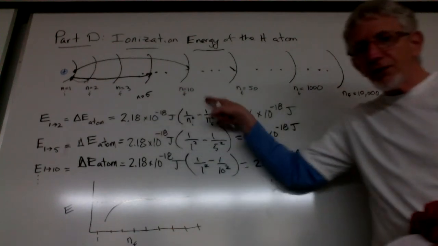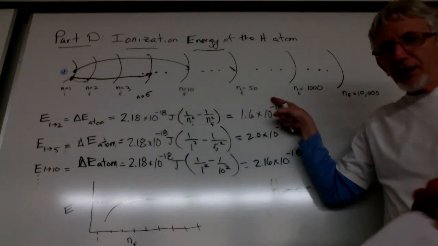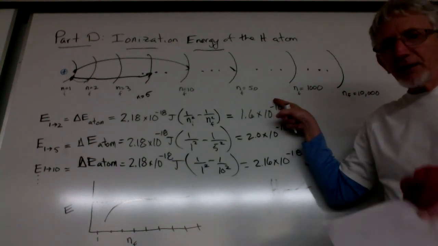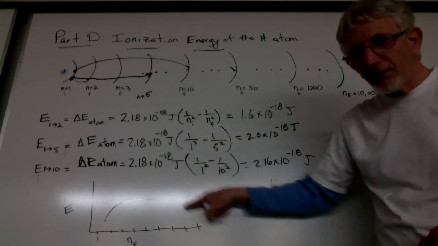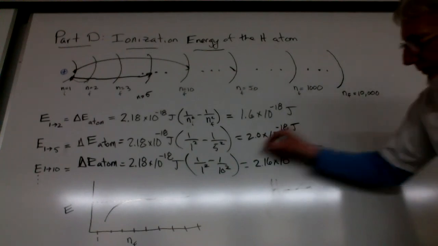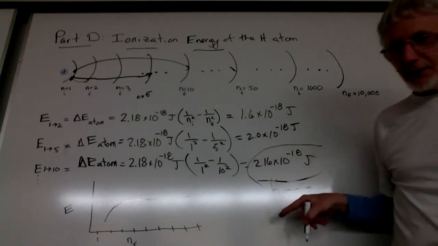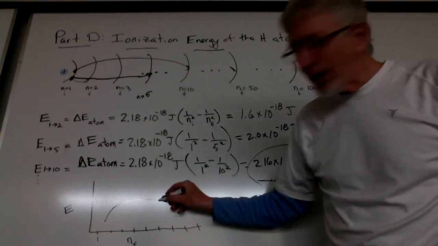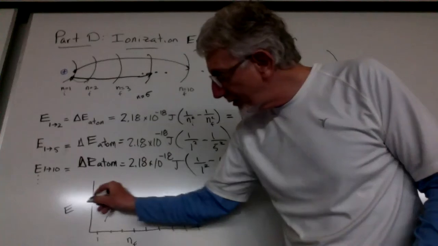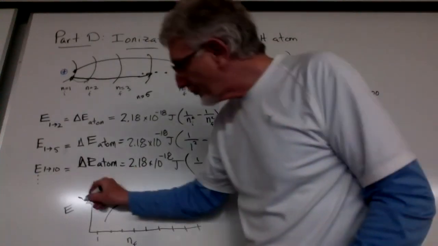You'll see that these energies you're calculating level off to some specific value. It's going to be a little higher than that, but that would be the ionization energy. So where this graph levels off, that energy right there is the ionization energy for the hydrogen atom.